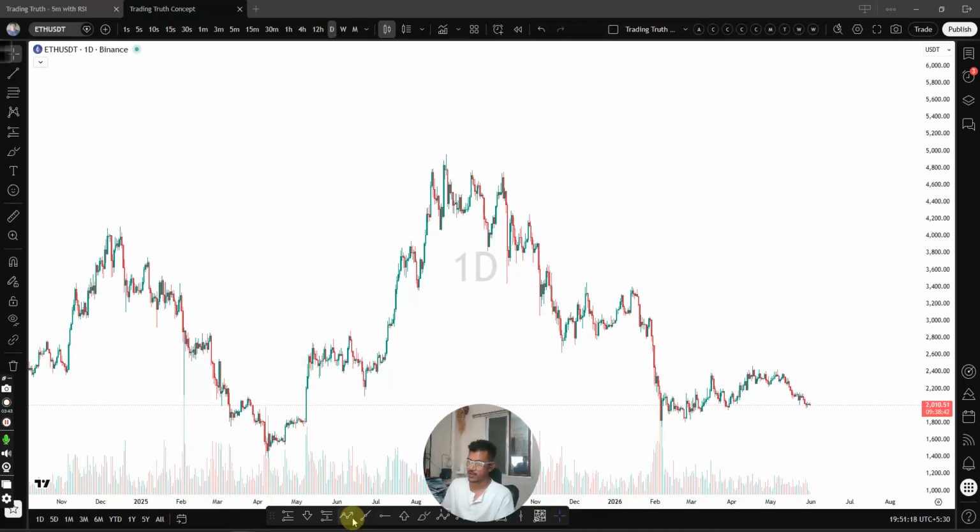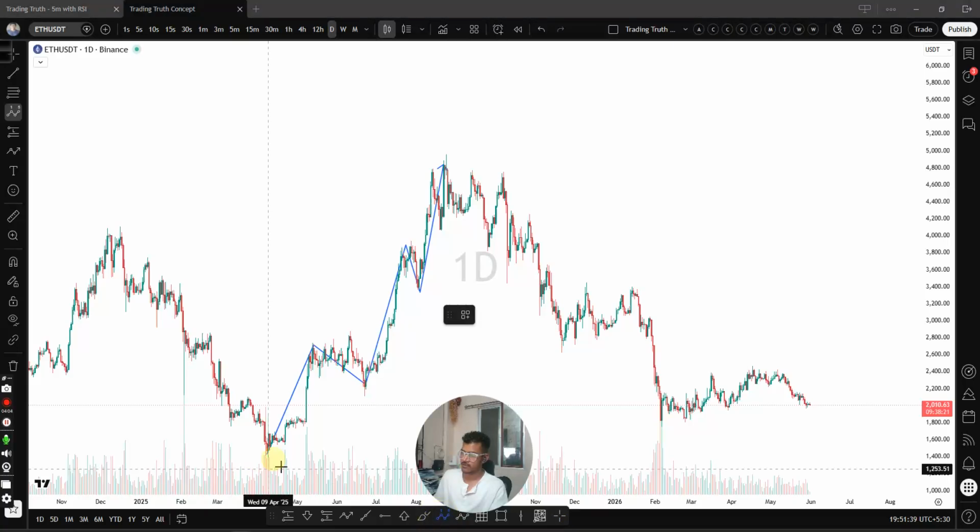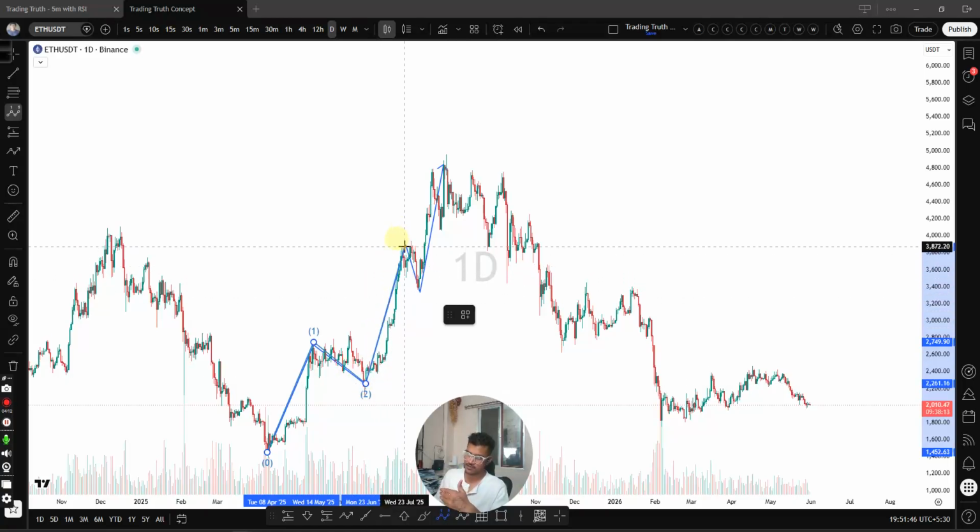If we take it as a staircase approach, it went up. Let's take the bigger one. It went up, came down, went up, came down, went up. So the first floor, then it came back in a retracement, then it went to the second floor, came back, then went to the third floor.